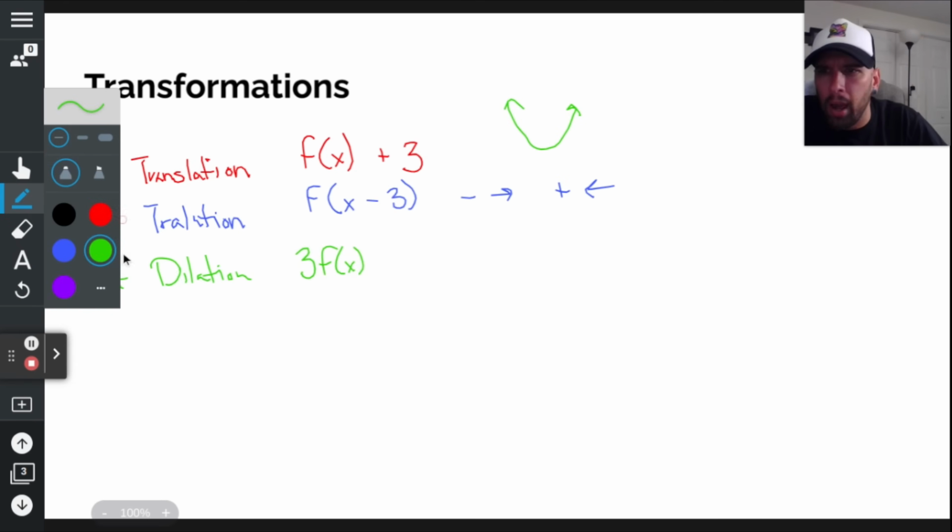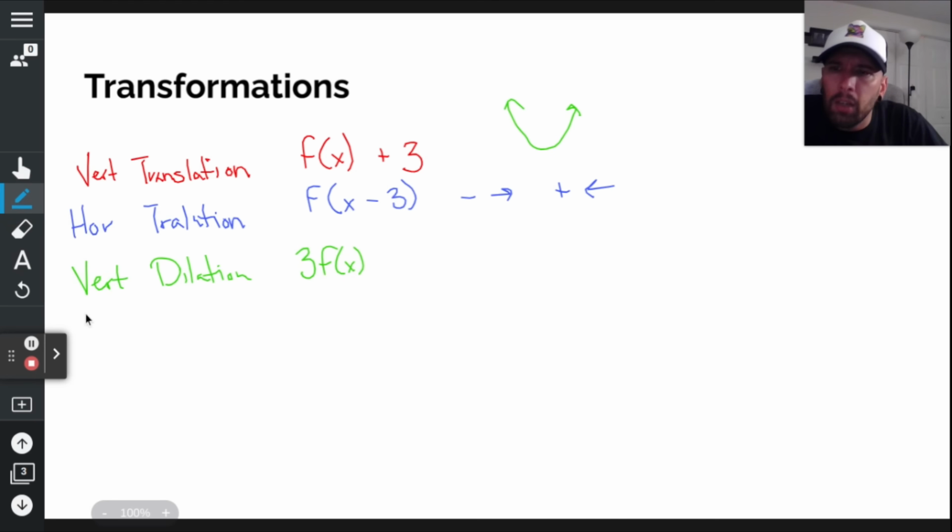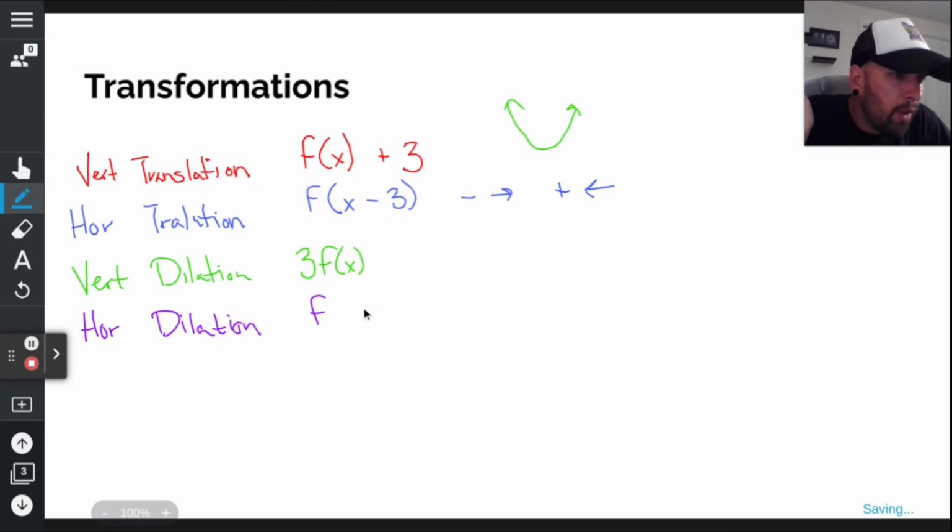Now, if I were to give you a horizontal dilation, the way you handle that is very similar to the horizontal translation, and you only multiply the x by a number. So f of 1 over a number, x.